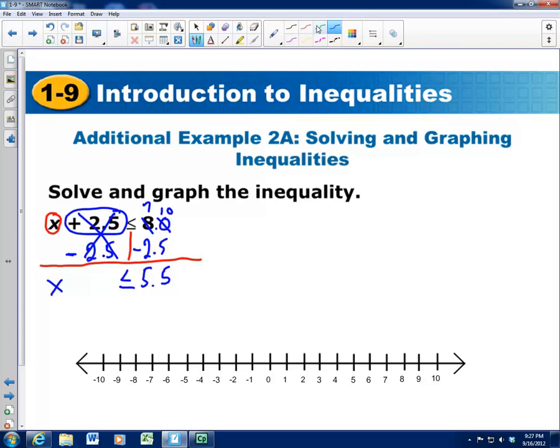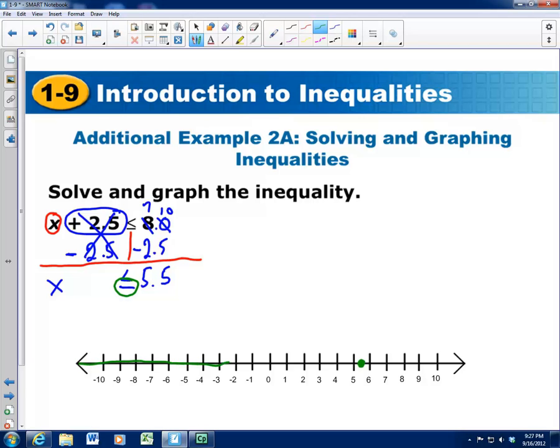Now, I'm going to graph that. So I need to go down here to my number line, and I need to find 5.5, which I know is between 5 and 6. And I also know that I have the line underneath my less than symbol, so I have to use a colored circle. Now, once I have that, now I can color in my number line here.